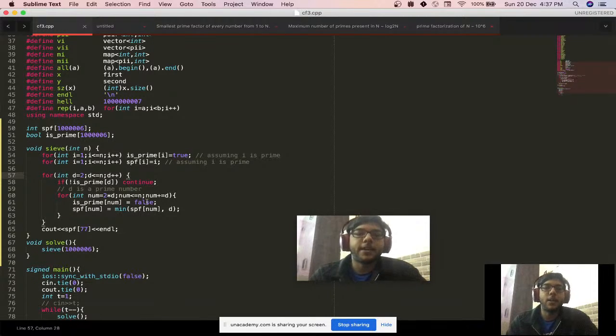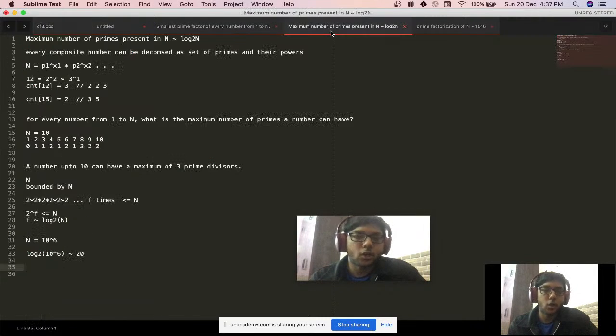So it's like n by 2 plus n by 3 plus n by 5. Why n by 2? Because for numbers from 1 to n, there are n by 2 multiples of 2, and n by 3 multiples of 3. So this loop runs n by d times. We go directly from n by 3 to n by 5, not n by 4, because we are not iterating over 4. We discussed earlier that we are iterating only over multiples of primes.